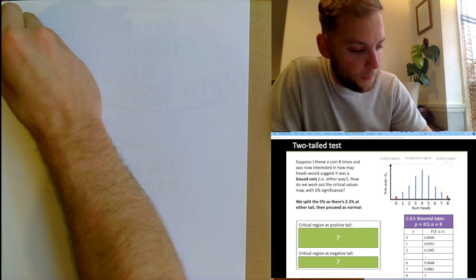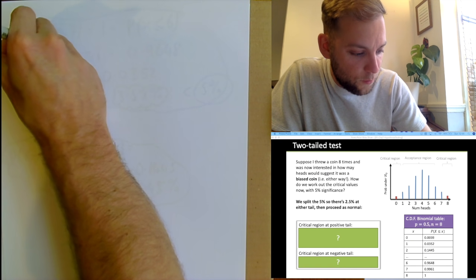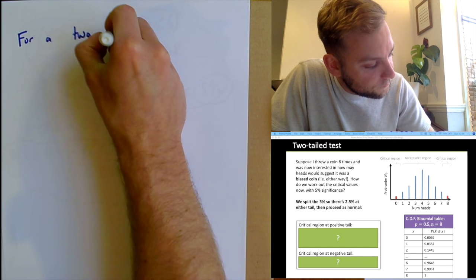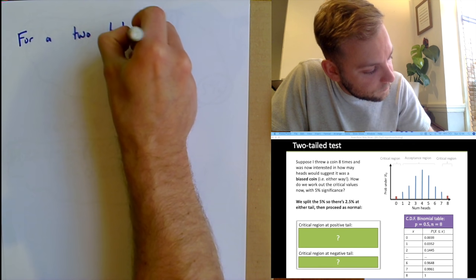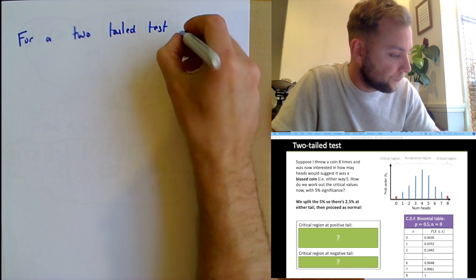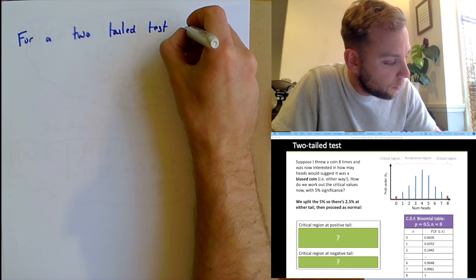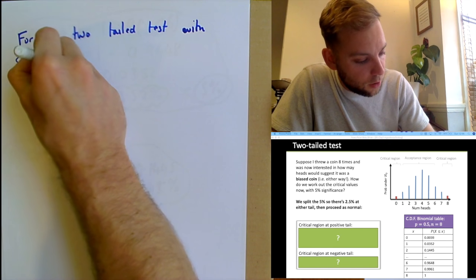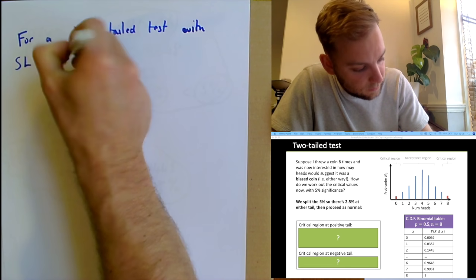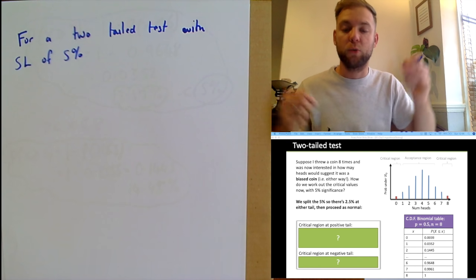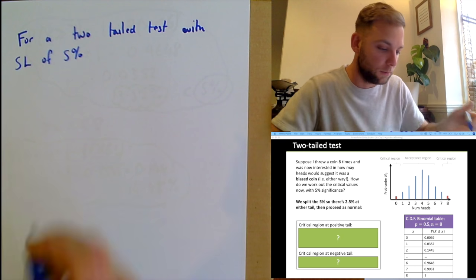So it's probably worth writing this down actually, for a two-tailed test, with significance level of 5%. Now, a two-tailed test is where we're checking the top and the bottom. So what's the critical region for the top and the bottom?